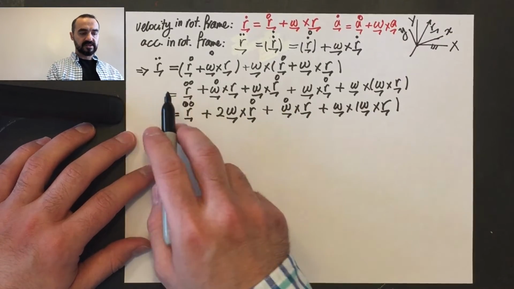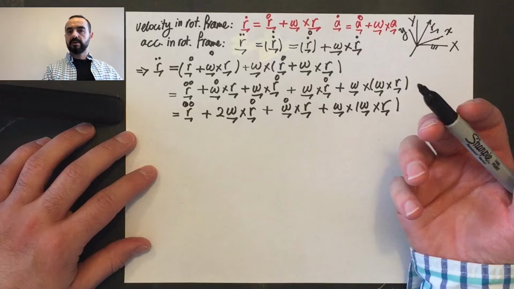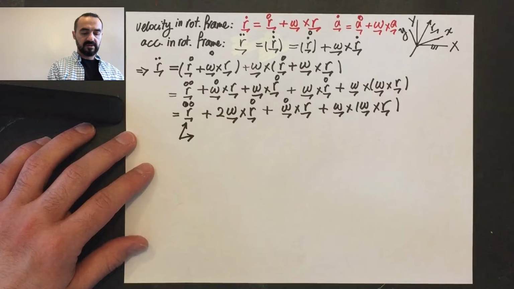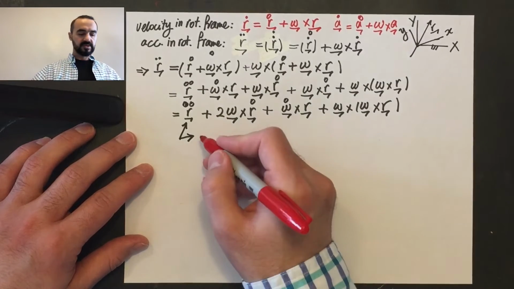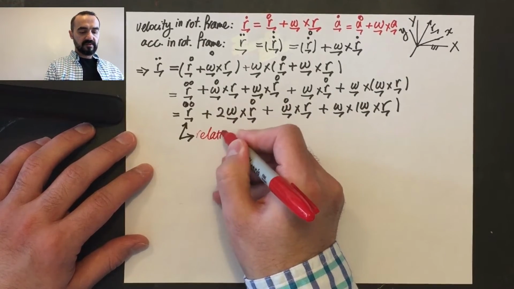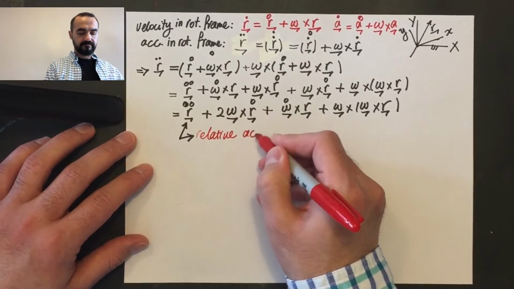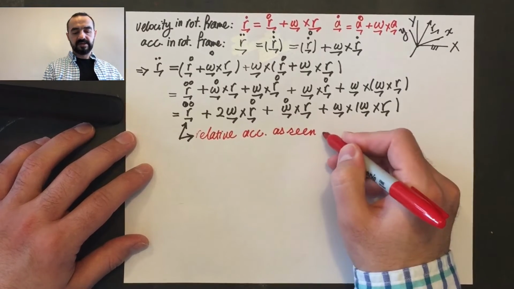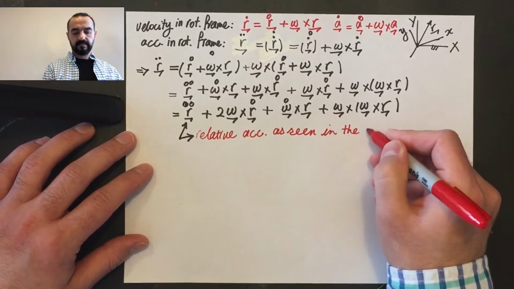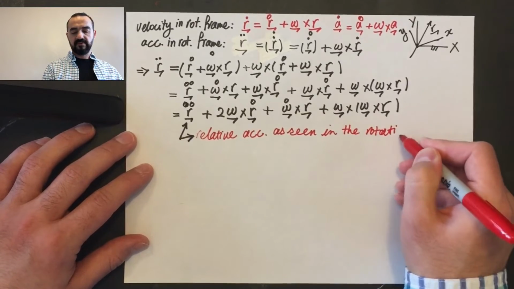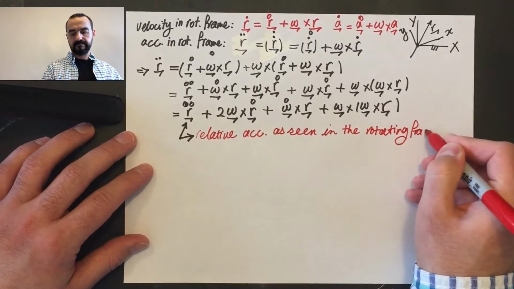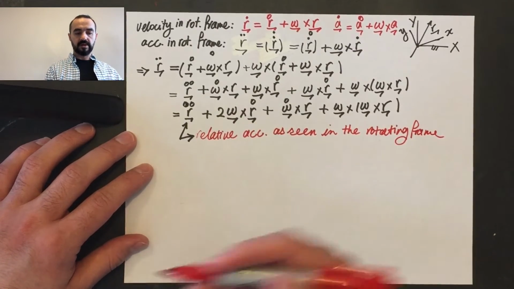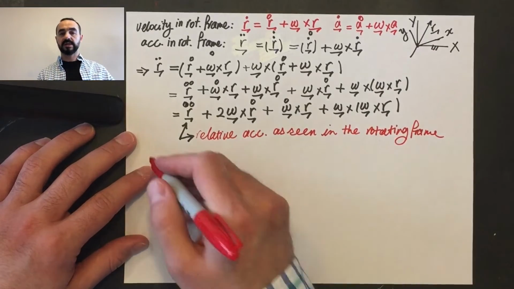So the left-hand side is obvious. It is absolute acceleration with respect to our inertial frame. This term here is, let me use a different color, relative acceleration as seen in the rotating frame. 2 omega cross r circle is called Coriolis acceleration.